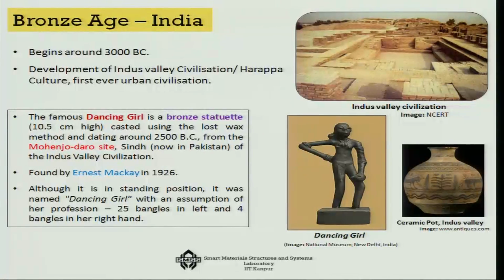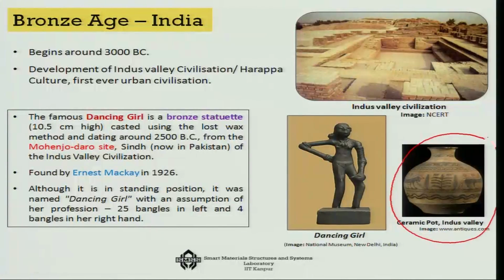Now, I would say it is not only bronze, but there are also certain things like ceramics. Later on I will tell you that ceramics also came into existence side by side.